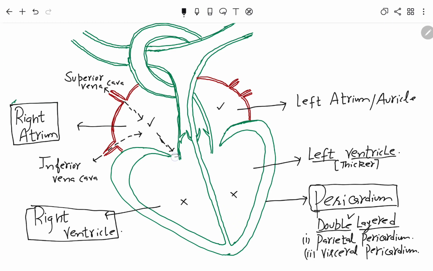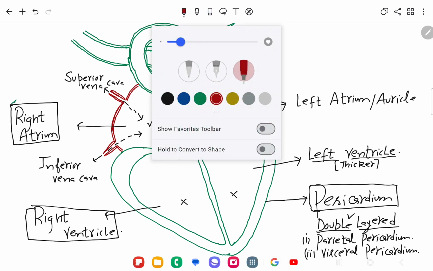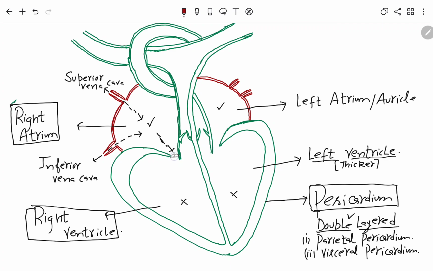So blood will flow to right ventricle and it will move through an opening. There is a valve over here and that valve has three lips. That's why this valve over here, which is present between right atrium and right ventricle, I'm going to label it over here by this color.